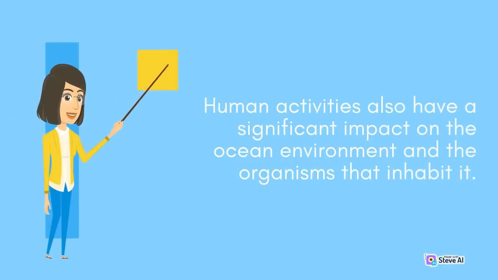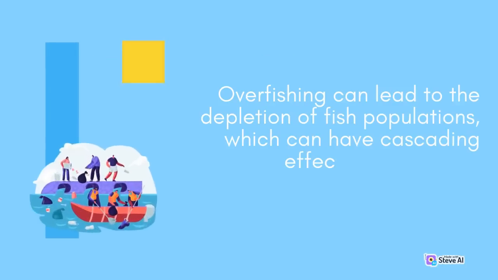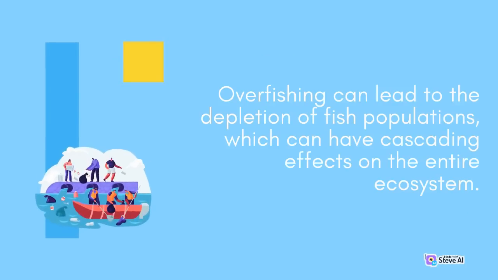Human activities also have a significant impact on the ocean environment and the organisms that inhabit it. Overfishing, pollution, and habitat destruction are some of the most pressing threats to marine ecosystems. Overfishing can lead to the depletion of fish populations, which can have cascading effects on the entire ecosystem.